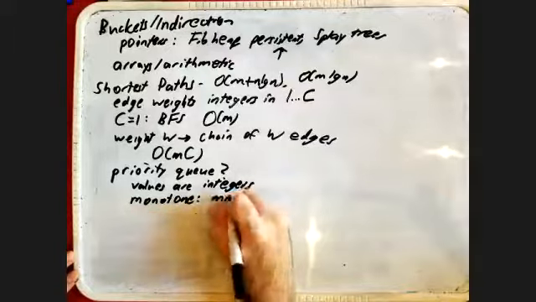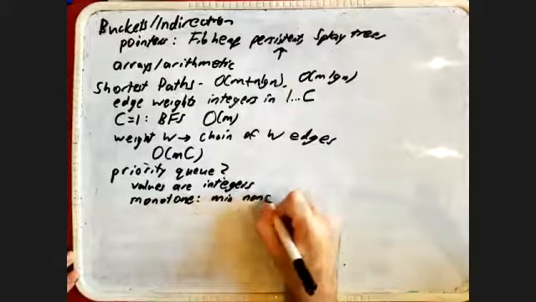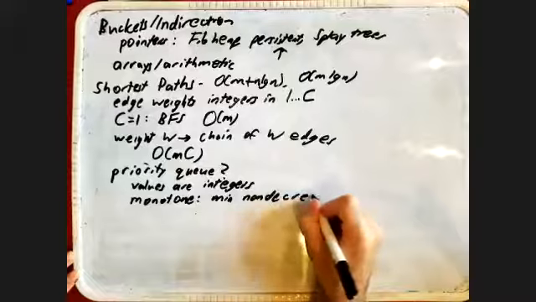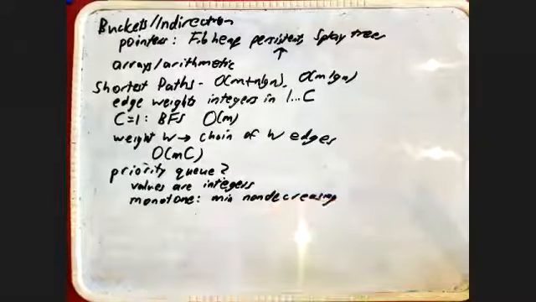The min is non-decreasing, right? Because the min is always the distance of the thing I haven't added yet, and it's farther away than all the things that I've added, or no closer. Okay. So I'm going to try and make a specialized priority queue for this case. Okay. How might I do that?